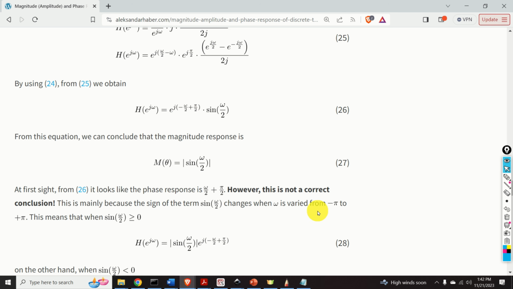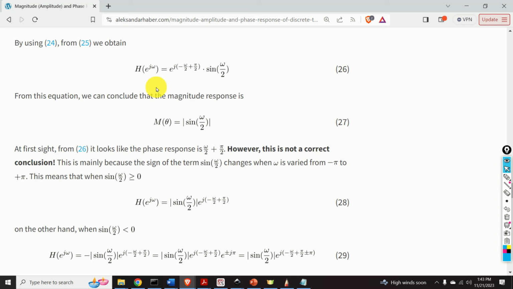However, this is not the correct conclusion. Don't fall for it here. The ground is very slippery. This is mainly because the sign of this term over here changes when omega is varied from minus pi to plus pi, and consequently in the phase we will have a jump of plus or minus pi.